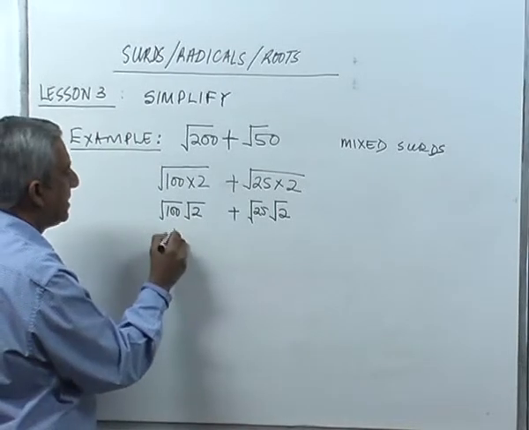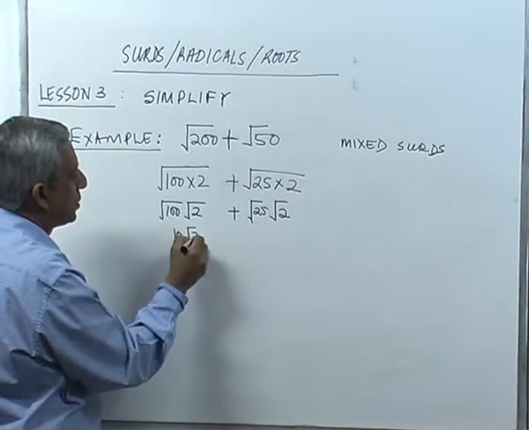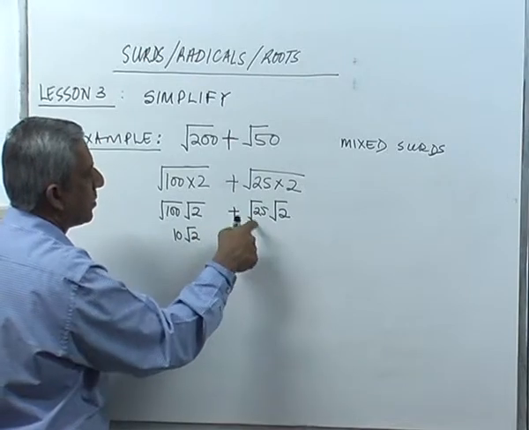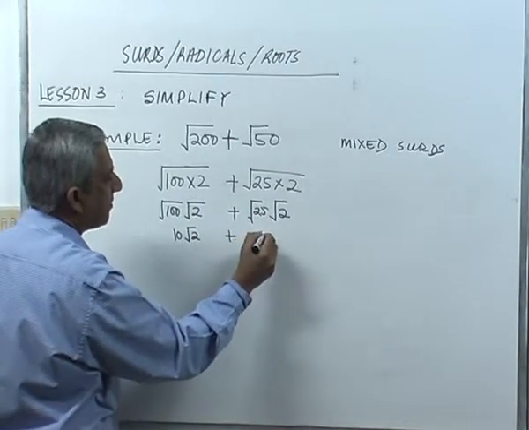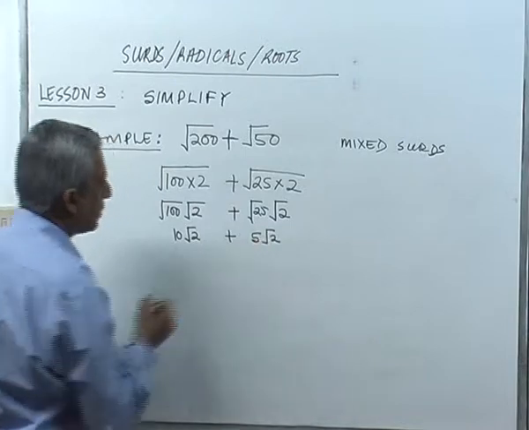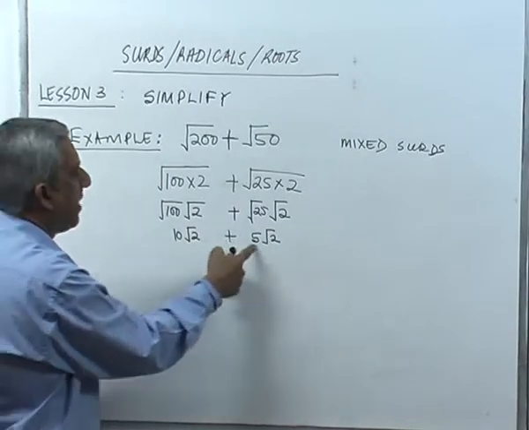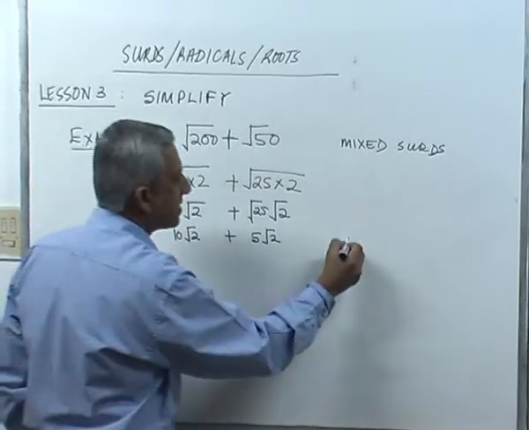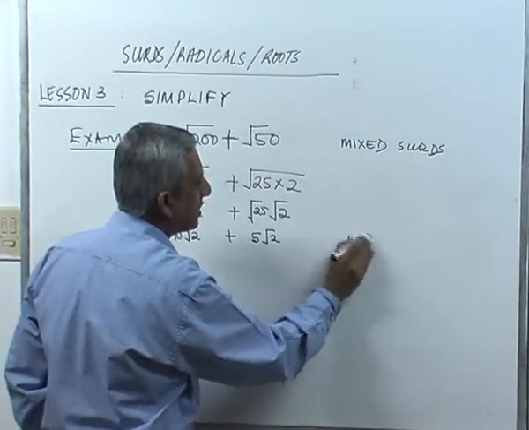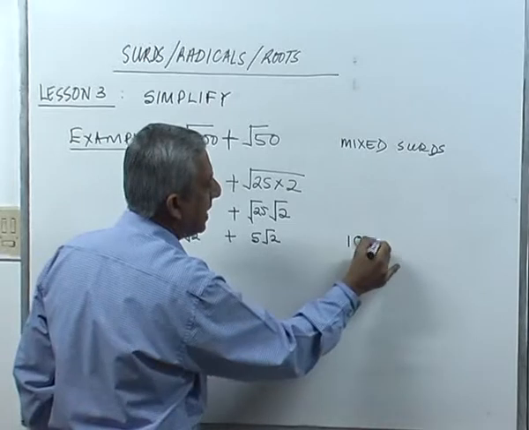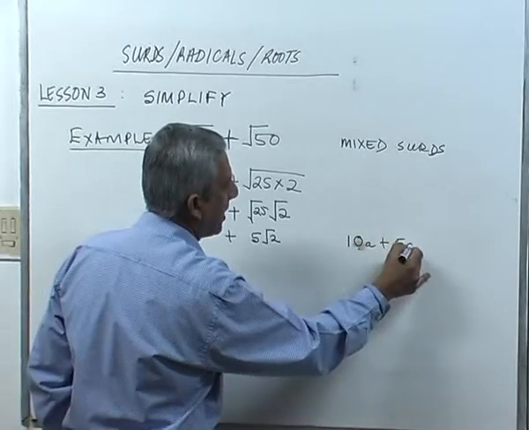Now square root of 100 is 10. 10 root 2 plus square root of 25 is 5. 5 root 2. Now watch carefully. You got 10 root 2 plus 5 root 2. This is just like saying you got 10a plus 5a.